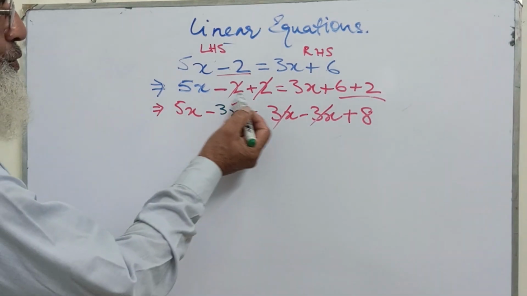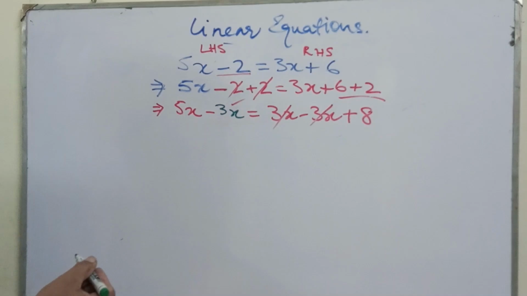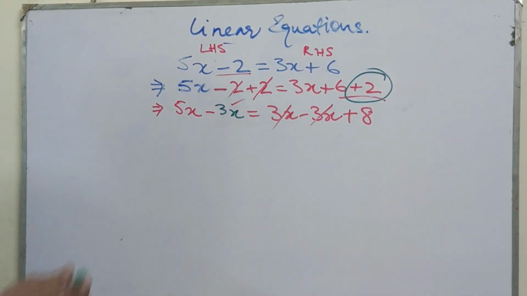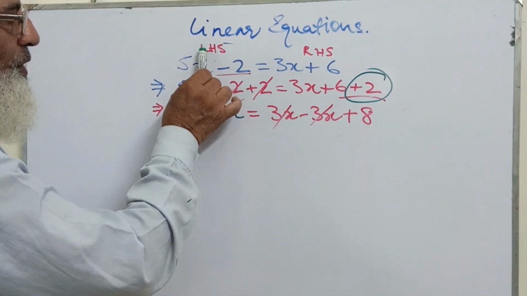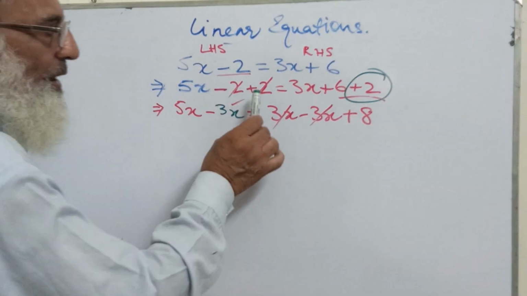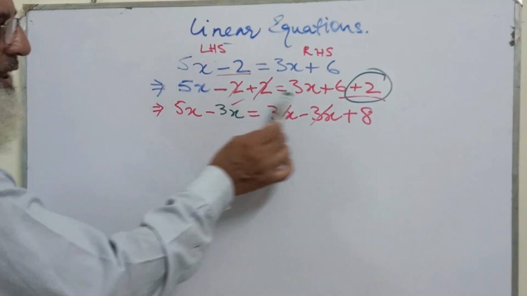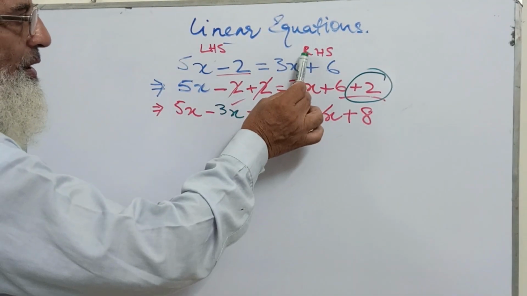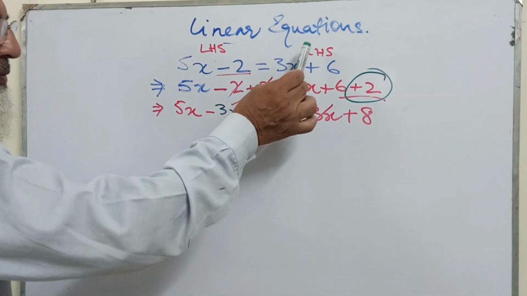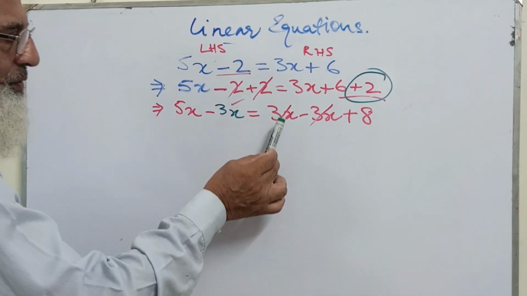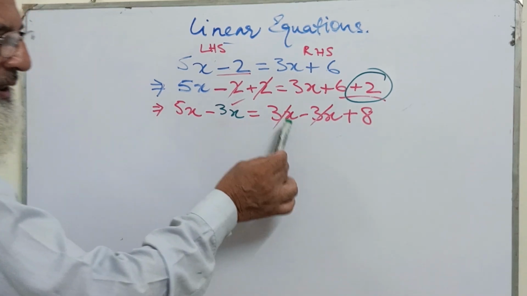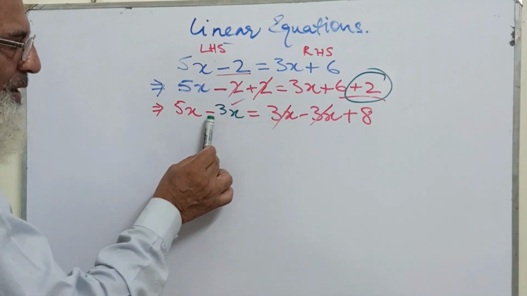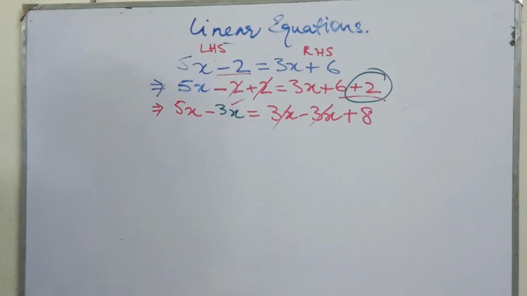When we shifted minus 2 from the left hand side to the right hand side, it became plus 2. Similarly, when we shifted 3x from the right hand side to the left hand side, the sign has been changed. It has become minus 3x.